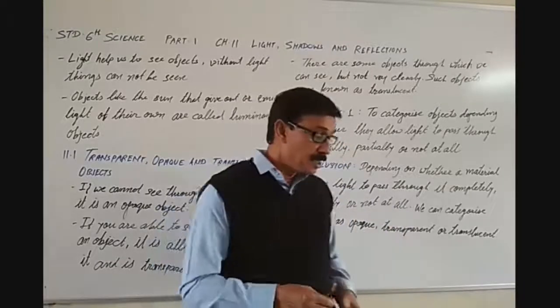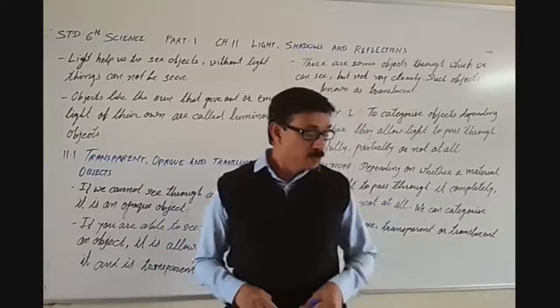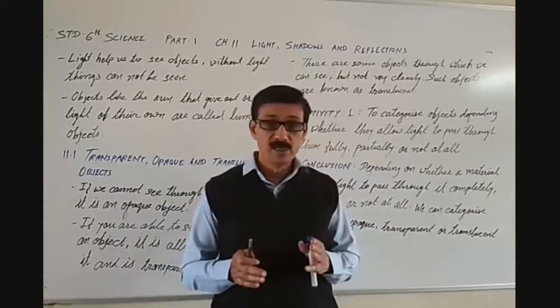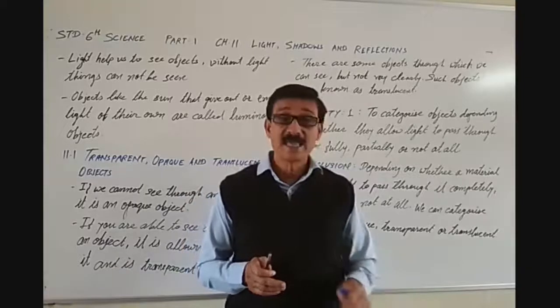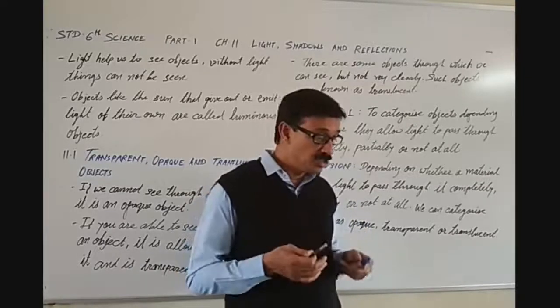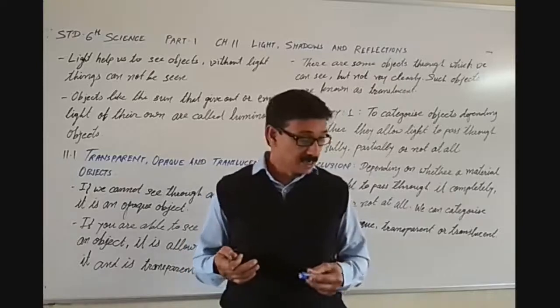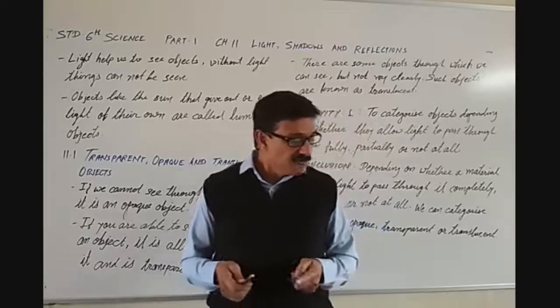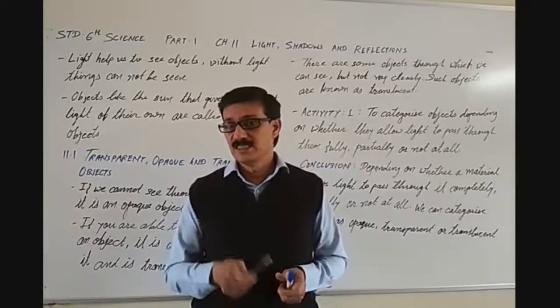Okay? We see so many objects around us. On the way to school, we see things like buses, cars, cycles, trees, animals, and sometimes flowers. How do you think we see the object? This is the first question.